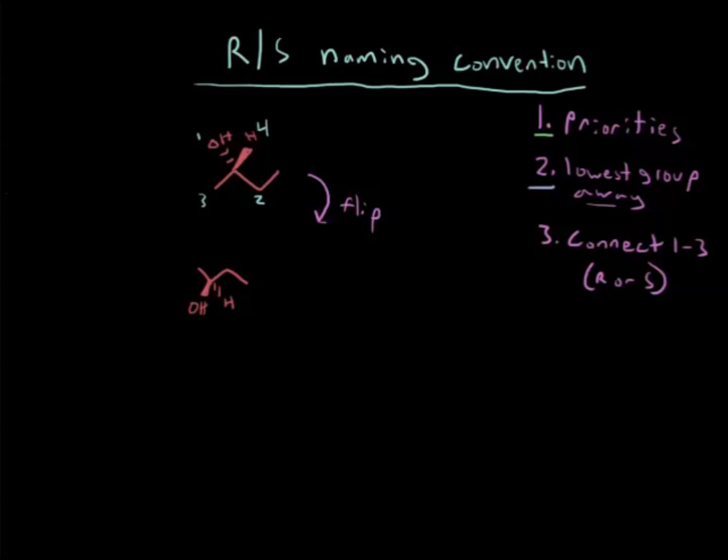Let's write these priorities in here. And step 3, connect the dots. Okay, arrow going to the left, counterclockwise. That's going to be S, or sinister. So this stereoisomer is S-2-butanol. Well, that's fine. I think we can handle that.